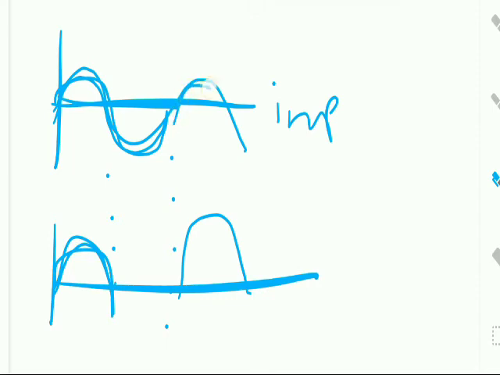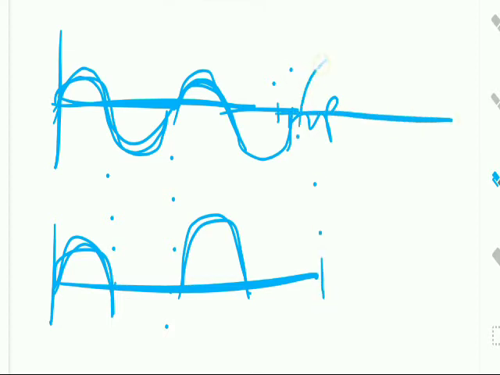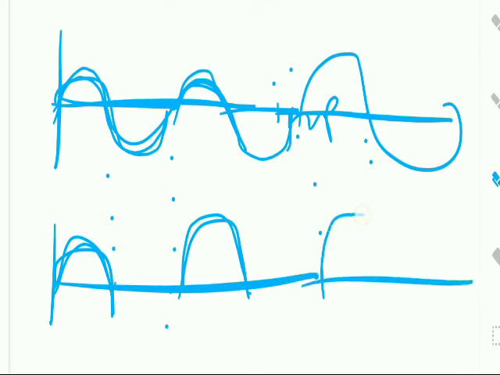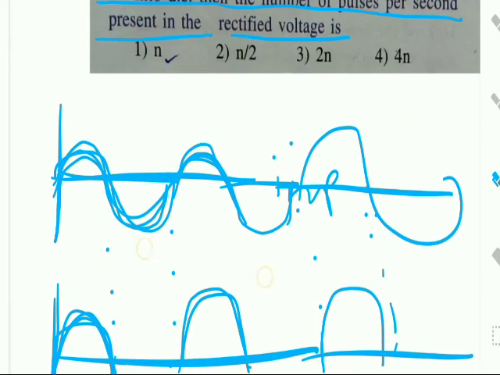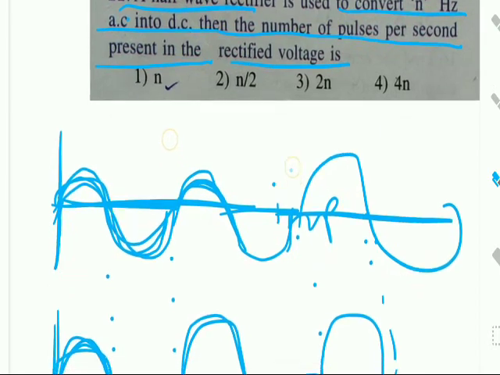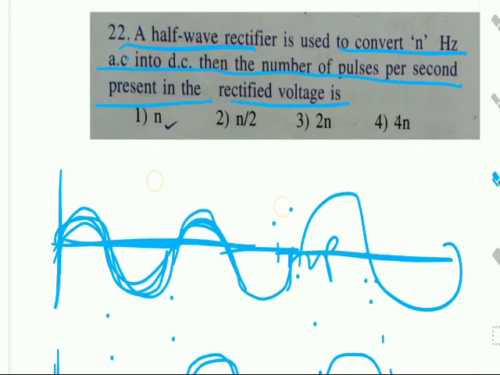So here this wave also allows only positive, this positive, and another one also allows only positive one. So in every cycle allow only one. So if n, here how many cycles are there?